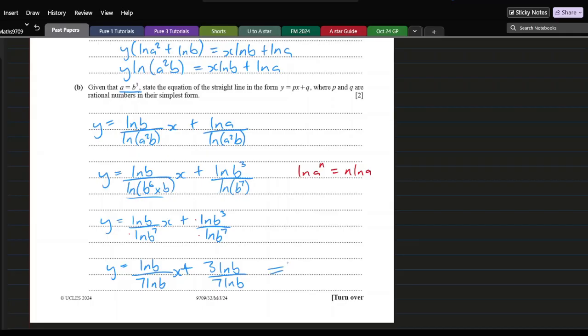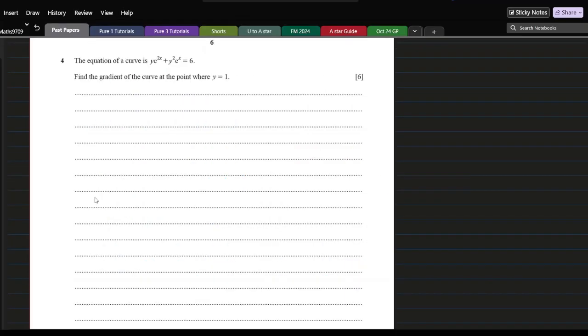And this allows us to cancel. So here we can cancel the ln b, so that is y is equal to 1 over 7 x, and likewise we can cancel ln b here, and that's plus 3 over 7. And we've been told that p and q are rational numbers, so we can leave it exactly like this, and that's our final answer.